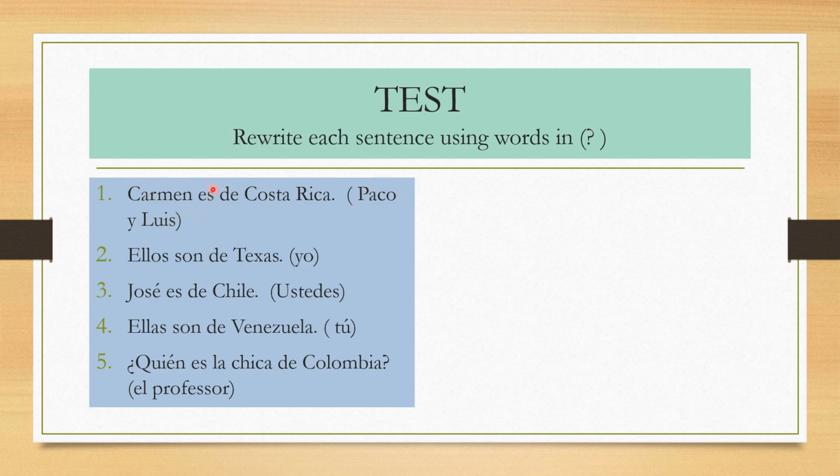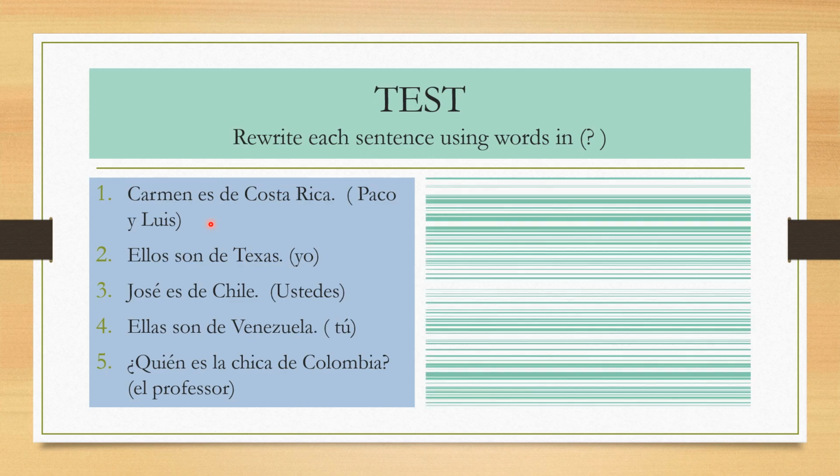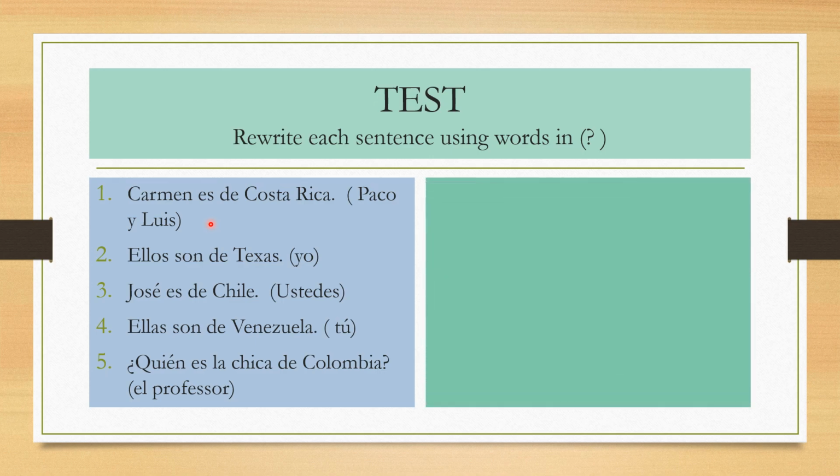So that conjugation will change. Keep that in mind. So, what should you have for número uno? Beginning the sentence with Paco y Luis, the conjugation of the verb should be Paco y Luis son, they, son de Costa Rica. That would be the correct conjugation.